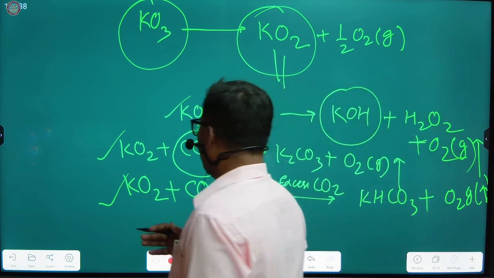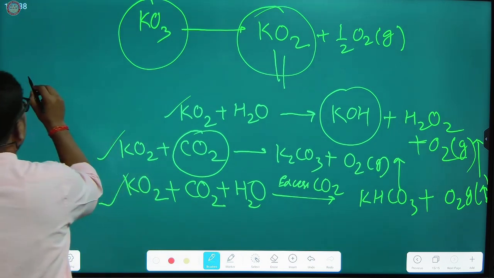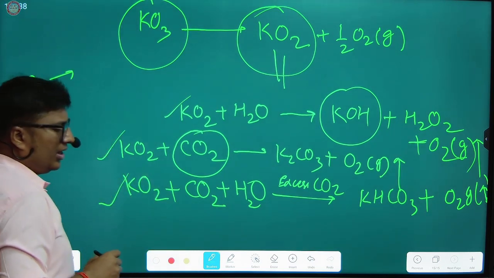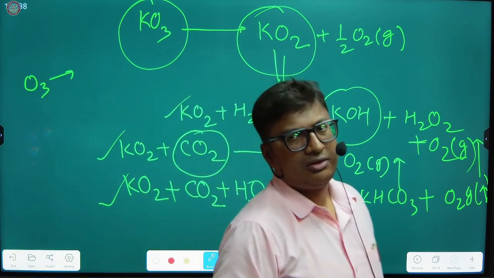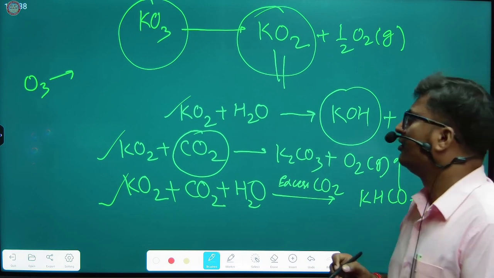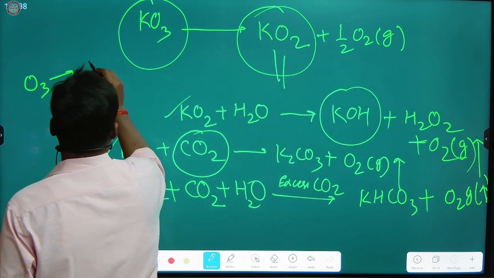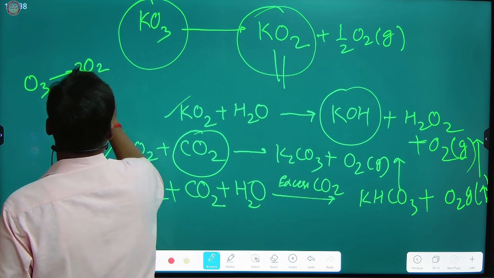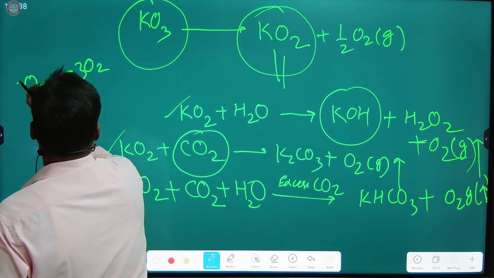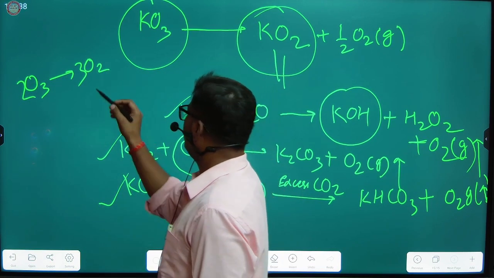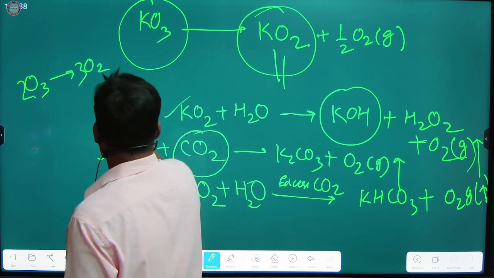So you know that ozone, O3, is unstable and highly reactive, right? Because it will decompose to O2. 2 mole of ozone is decomposed into 3 mole of oxygen.